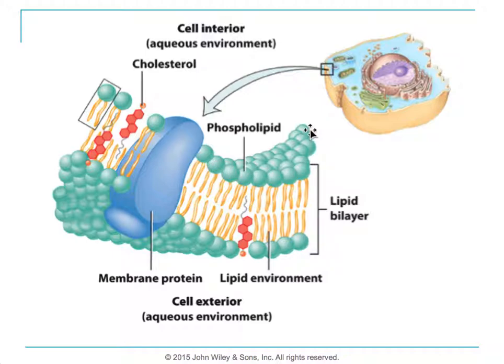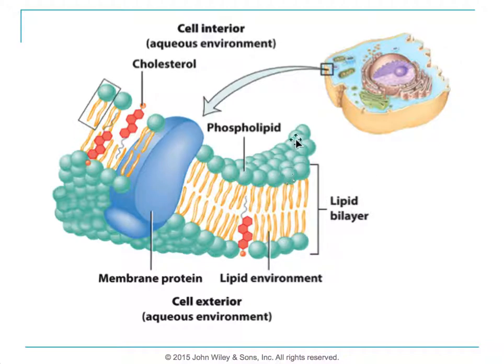So you'll see this water-soluble end on both the inside layer against that aqueous environment and along the outside layer, again an aqueous environment. And the fatty acids are going to be extending inward, in towards each other, creating a fat-soluble interior to the membrane.